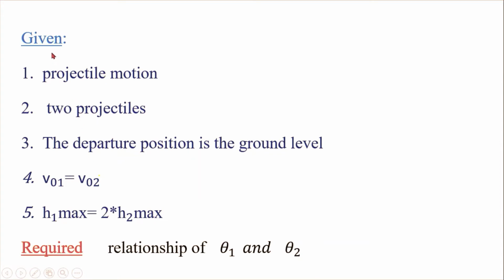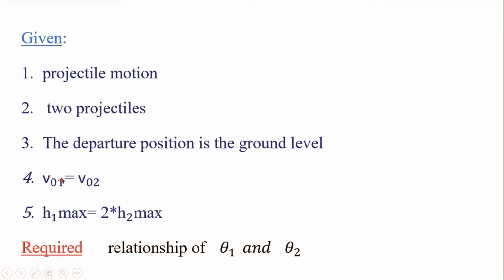As a given we have, first, the type of motion which we are dealing with is projectile motion. Second, the number of projectiles incorporated in our problem is 2. Third, the departure position is the ground level.